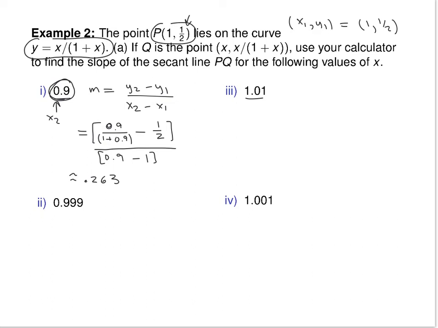Okay. All right, so what would your estimate for m be in this one? What would you plug into the numerator? So for the one that's 1.01, how would you estimate y2?